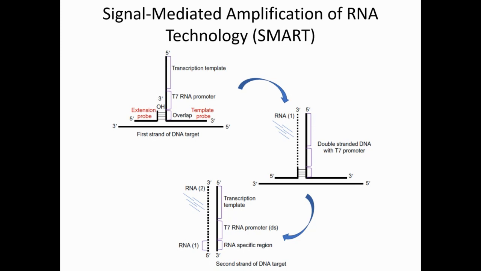Then they can synthesize RNA. Each RNA amplicon itself can be amplified by binding to a second template oligonucleotide, and then extended by DNA polymerase to generate a double-stranded promoter.